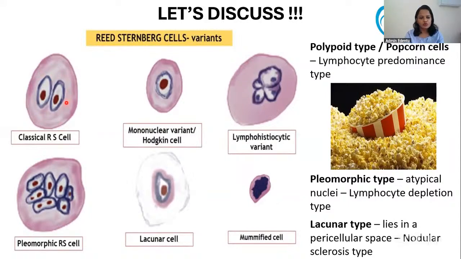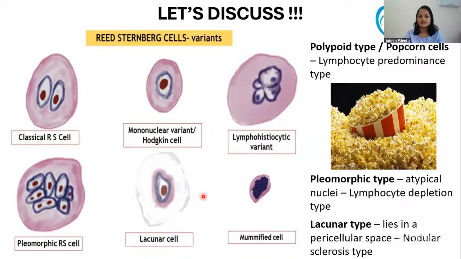Then we have the mononuclear type, where only one nucleus is seen; that is a Hodgkin cell. Then we have the popcorn type, the lymphohistiocytic variant, usually seen in the lymphocyte predominant type. Then the pleomorphic type, which does not have a particular structure, usually seen in the lymphocyte depletion type.